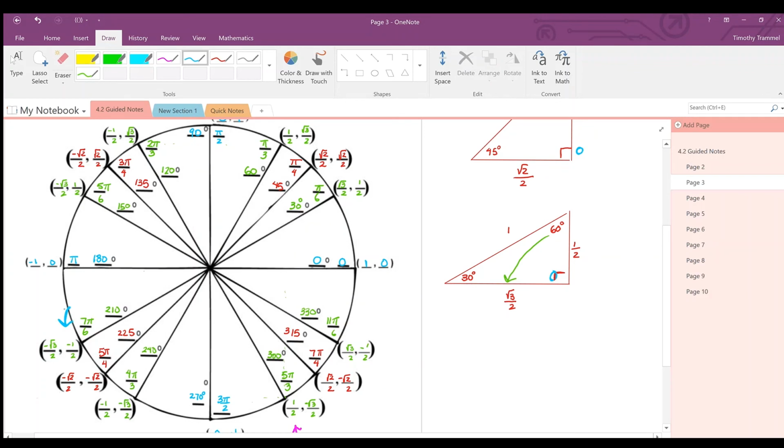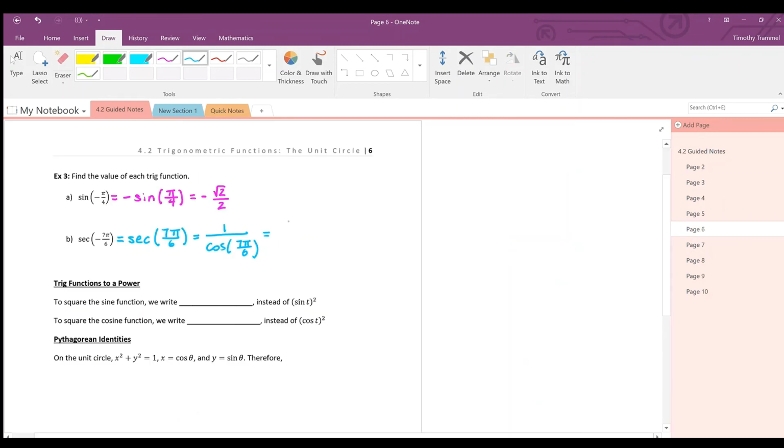Okay, and cosine is the x value, so we have 1 over minus the square root of 3 over 2. Okay, and so we get the reciprocal, and then we will rationalize the denominator.